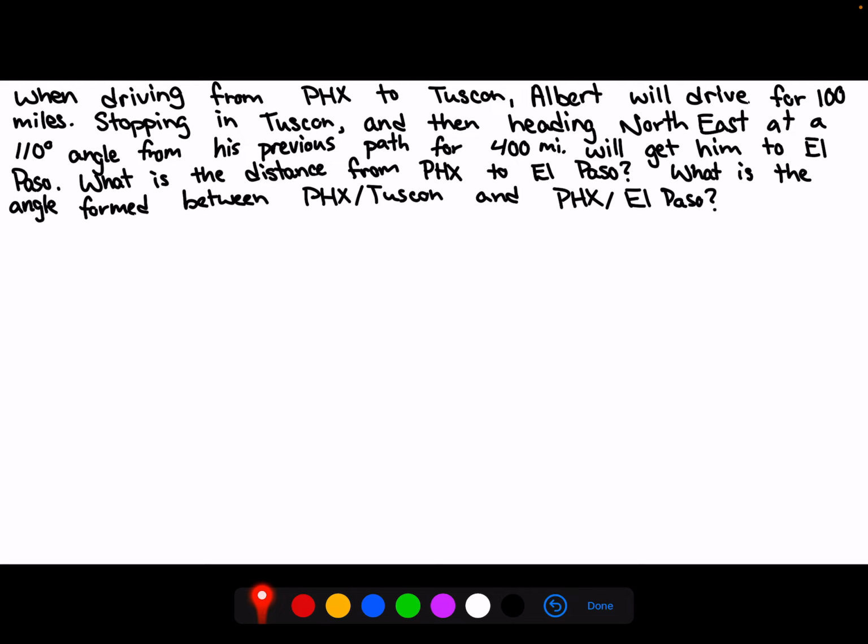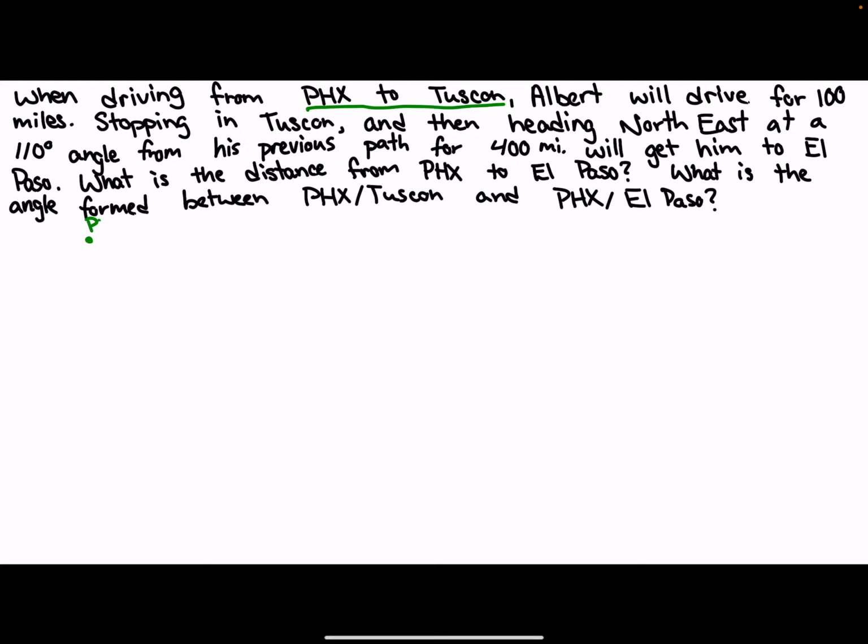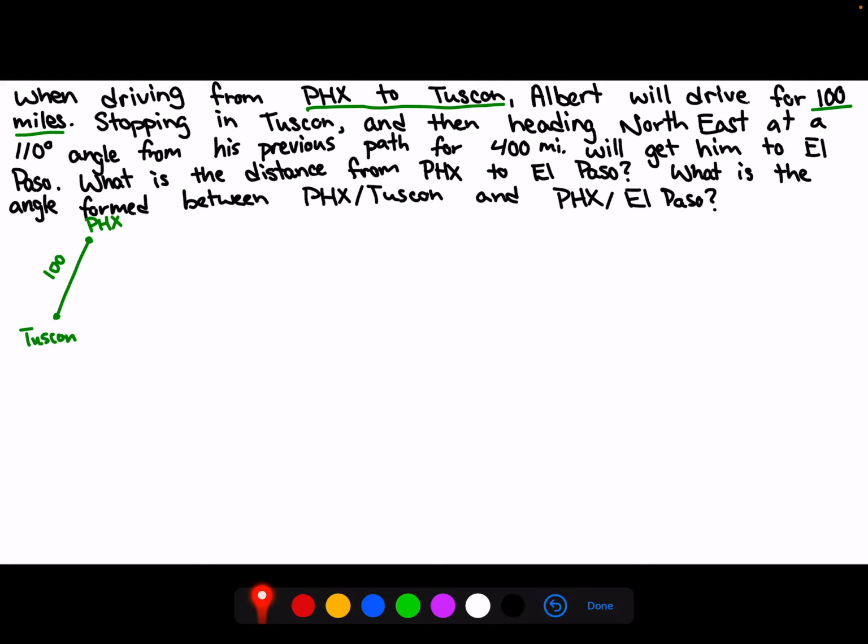So, to get started on this, first thing that we're going to do is go ahead and draw up our triangle. We're going to draw our triangle with the three cities, Phoenix, Tucson, and El Paso. So, first off, for Phoenix to Tucson, he traveled 100 miles. So there's Phoenix, there's Tucson, traveled 100 miles to get there.